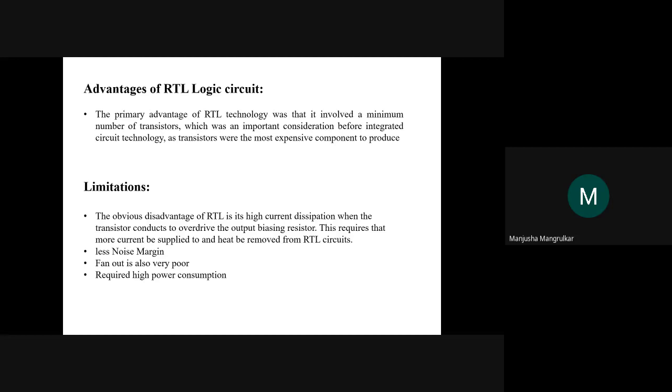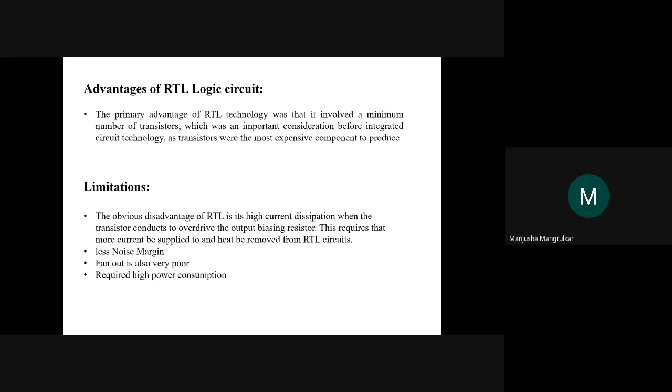Basically, it involves the minimum number of transistors. If it is a two input, two transistors. If it's a three input, then three transistors. So it involves the minimum number of transistors, which was an important consideration before integrated circuit technology, right?